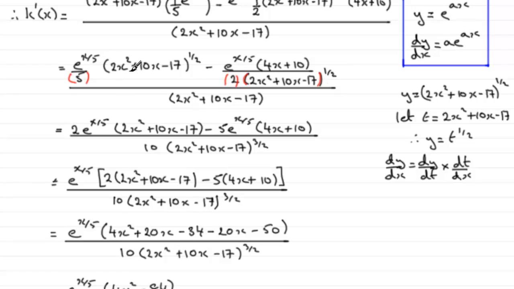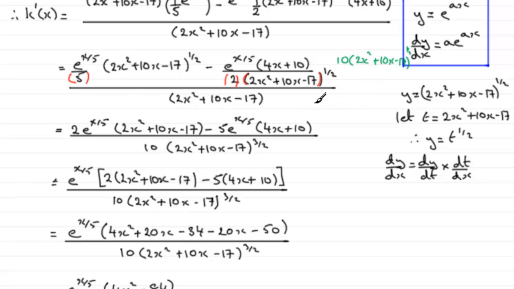What I did was times top and bottom by exactly the same value, and I chose a number that 5 and 2 went into, which was a 10. Let's just write it in green here, a 10. And then I also multiplied it by (2x squared plus 10x minus 17) to the power 1/2, okay?